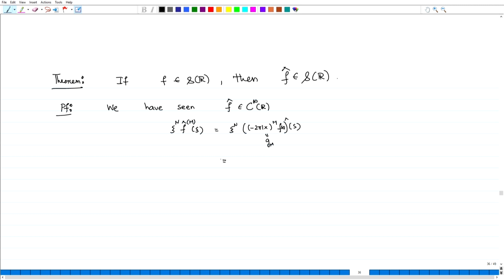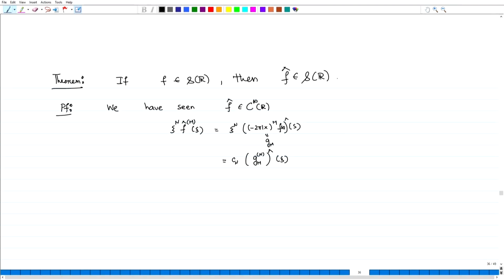In our earlier observation, this is some constant times the Fourier transform of the nth derivative of g m at xi. Every time you take the derivative of the function and take its Fourier transform, you are going to be hit with a factor of 2 pi i xi, and that is why I have put the constant c n here, which will certainly be dependent on n. More precisely, it will be 1 over minus 2 pi i to the power n.